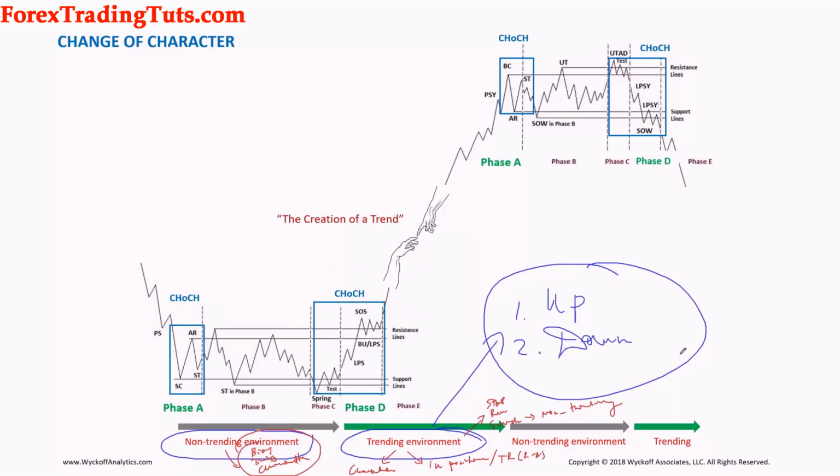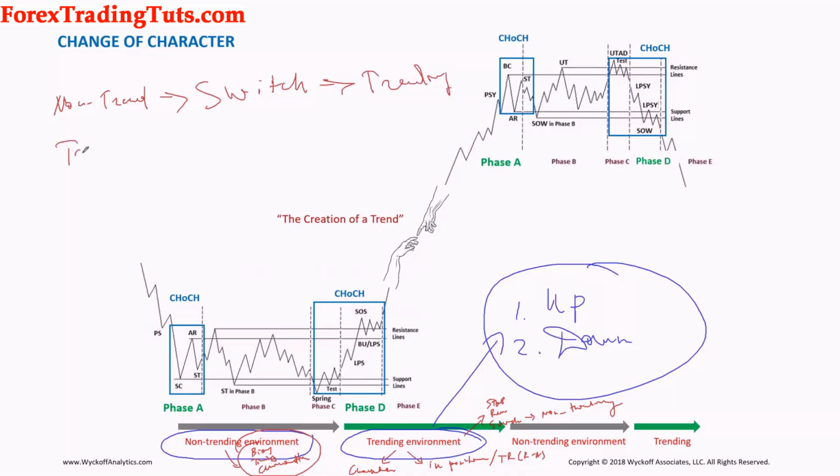Having said this, the main thing between these two environments is that switch that I already mentioned. So we want to see, let's say, a non-trending environment. Then we want to identify some kind of switch which would lead us to a trending environment.